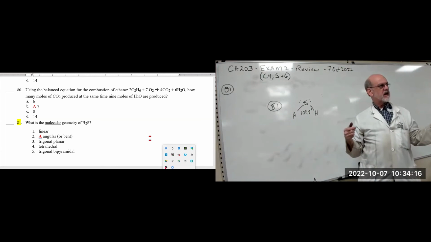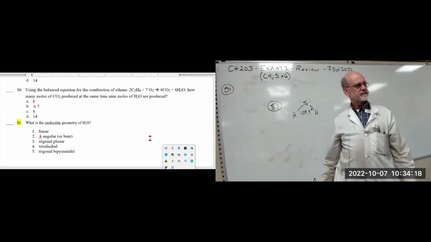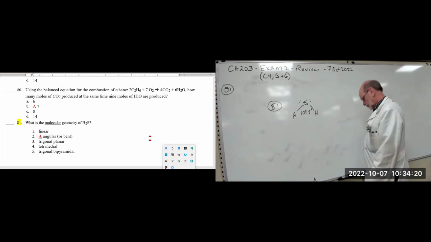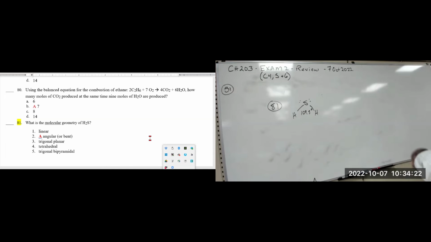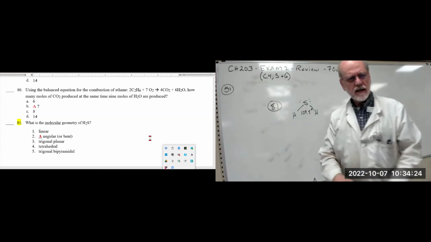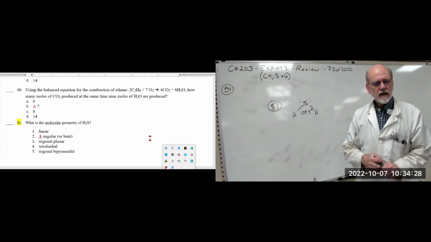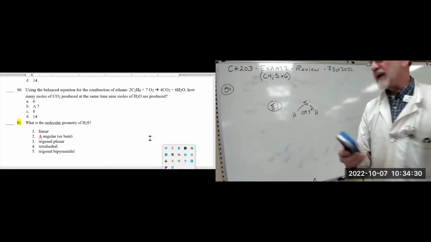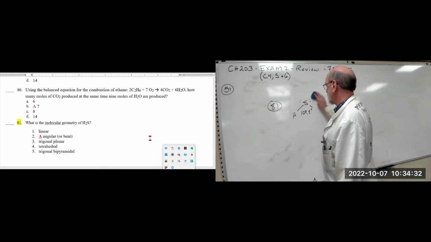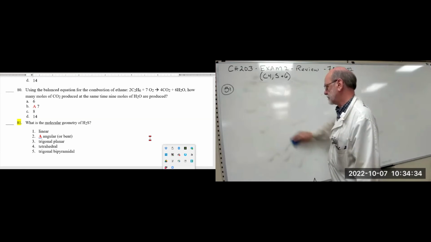It's probably in the neighborhood of 107 degrees. Let's see, I'm not finished. Oh yeah, I am. H2S, it's bent. That's a bent molecule, just like water.